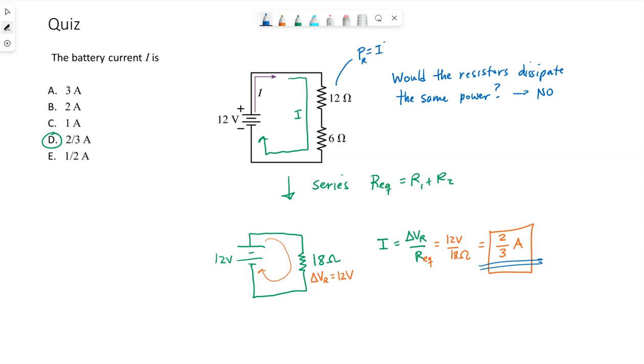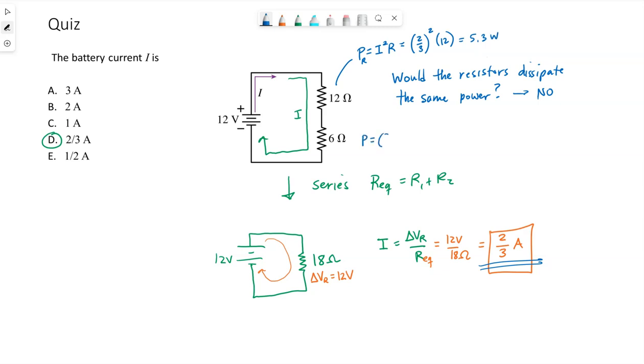Now, one way we can write power is I squared R. I know they have to have this 2/3 of an amp flowing through, but because they have different resistances, they will have different power. So this would be 5.3 watts.